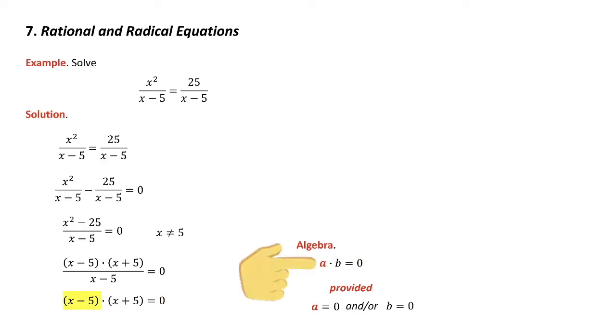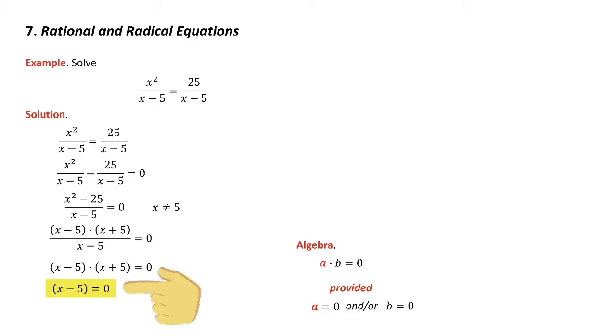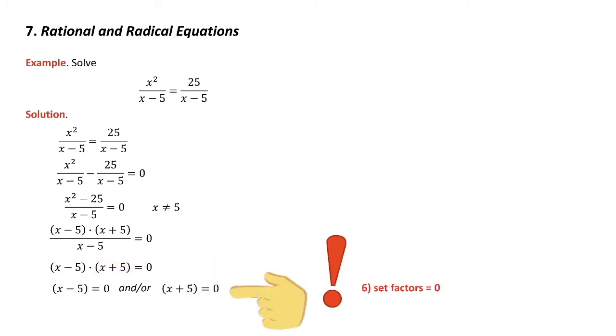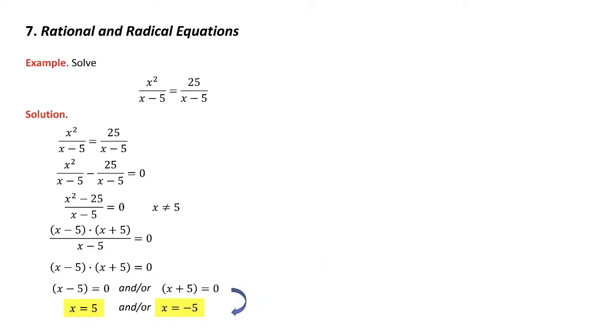So the factors will go to 0, and there we go. x equals 5, x equals minus 5.